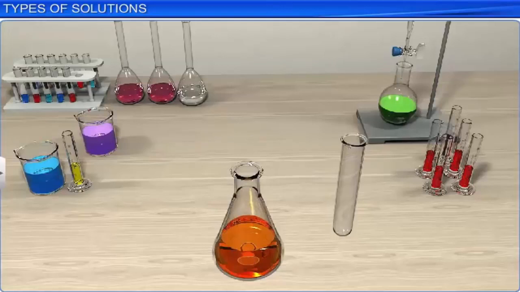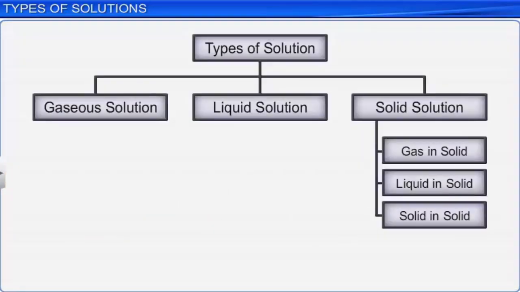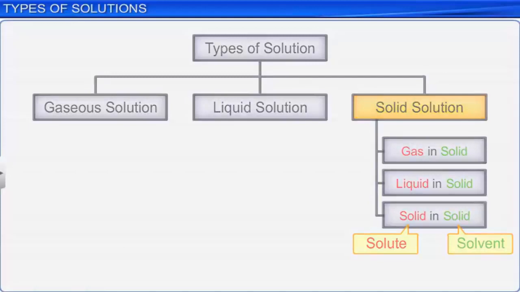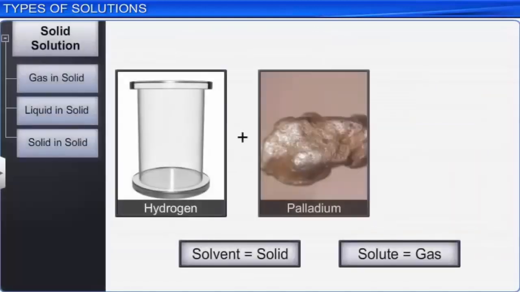Similarly, a solution in which a solid is the solvent and a gas, a liquid, or a solid is the solute is called a solid solution. A solution of hydrogen in palladium is an example of gas in solid type of solution.